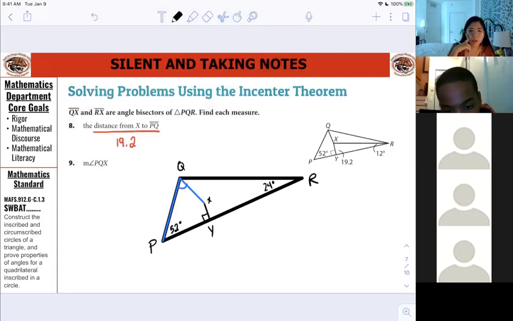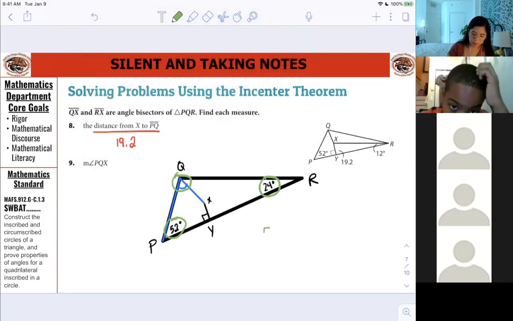So if I know, so far, let's summarize. I know this one is 52. I know this one is 24. What can I find? Q. Yeah, I can find Q. How do I find Q? Wouldn't this triangle equal 180, so we would have to add them up?